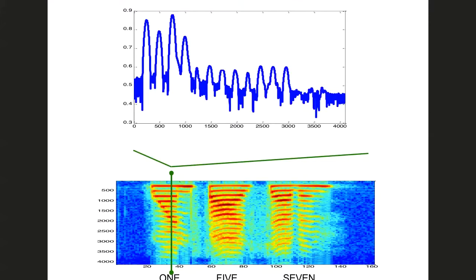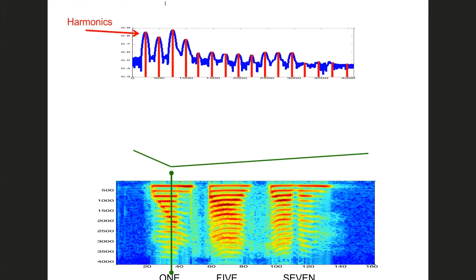Women are usually around 200 hertz, men are around 150 or so. Kids are much higher pitch, around 300 hertz. The spacing between the harmonics indicates what the pitch is for that person. Of course, you can change your pitch when you sing, so you can manipulate that. That's the vibration of the vocal cord. So one important piece of information that is conveyed is the pitch of the person and how it changes over time.